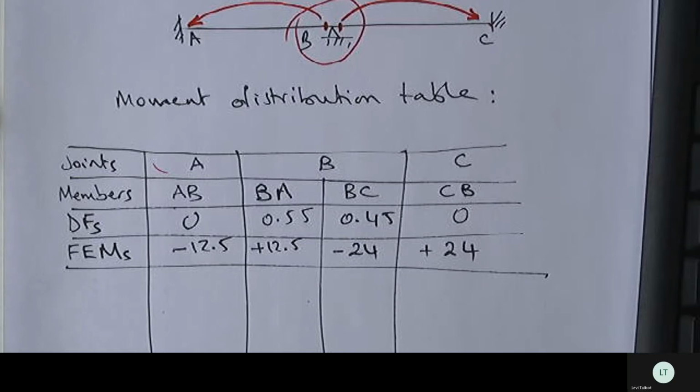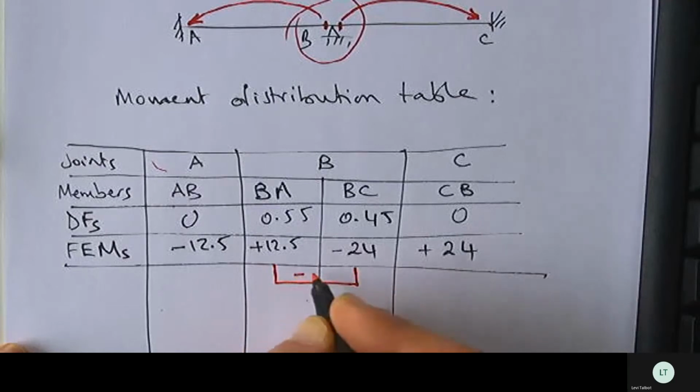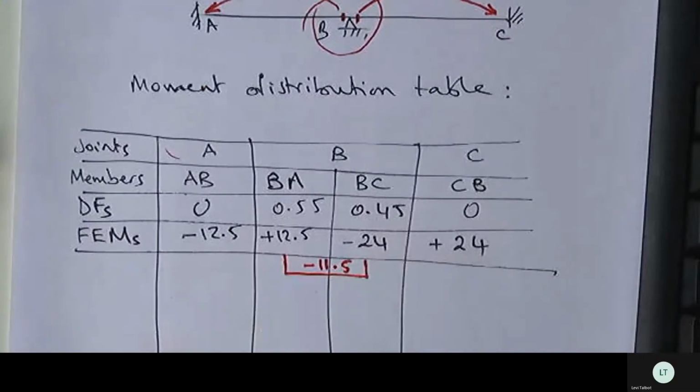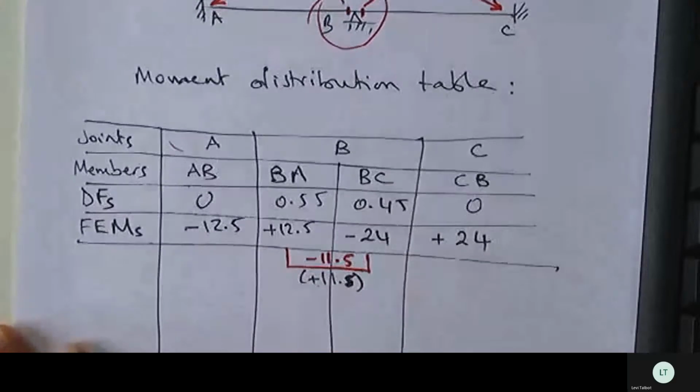Now, here we have the out of balance that I've mentioned earlier. In other words, the balancing moment will be plus 11.5. This is how much we need to add to the joint to make it in equilibrium.